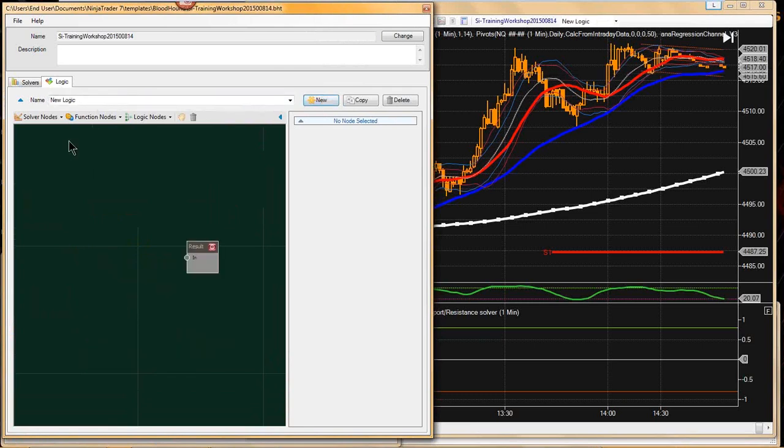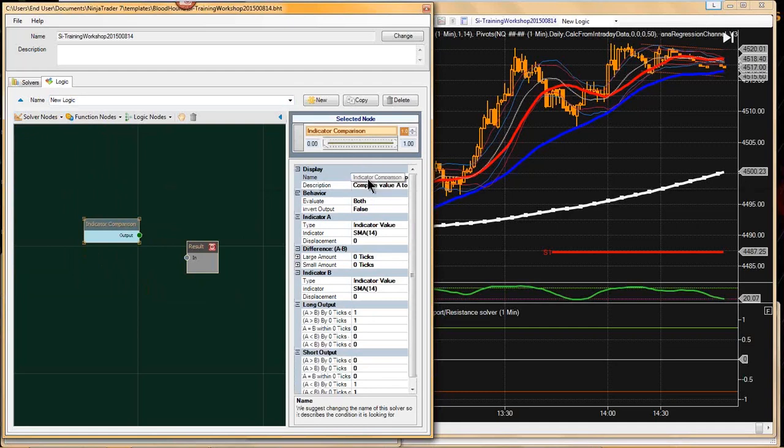I'll come up with a name for this in just a moment. So we're going to see if the SMA 20 is above or below the 50.